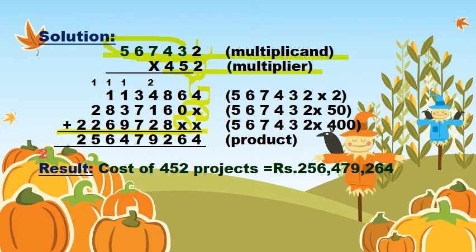Lastly, use long addition to add your number column from right to left, carrying as you normally do for long addition. So the answer is rupees 256,479,264 is the cost of 452 projects.